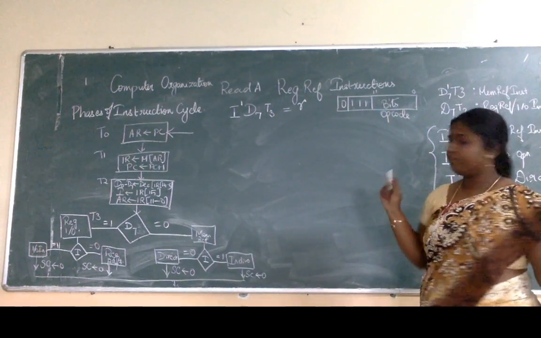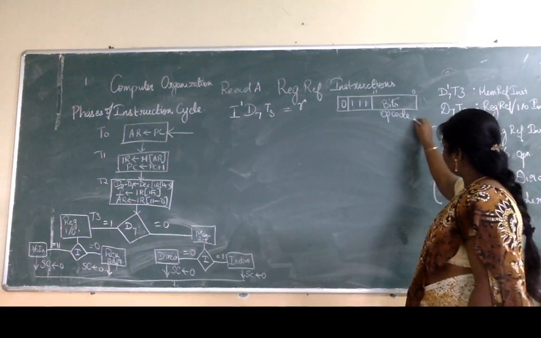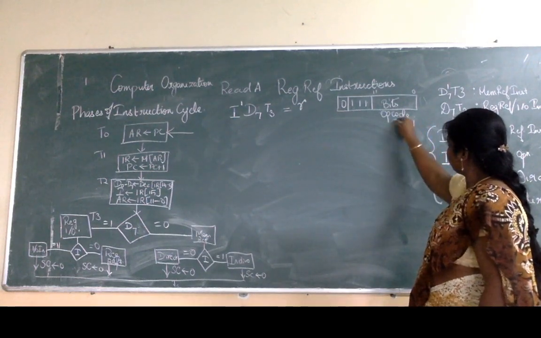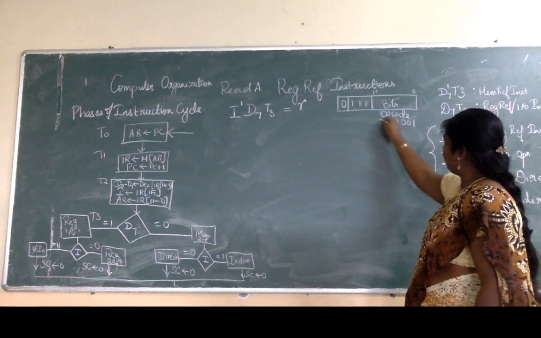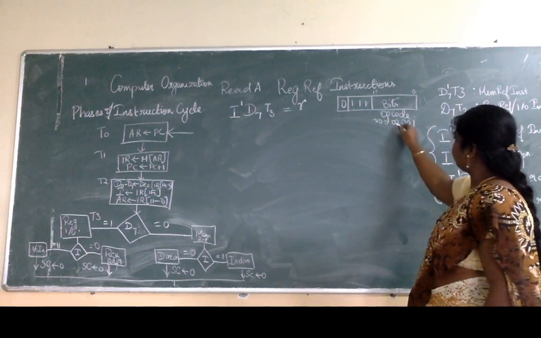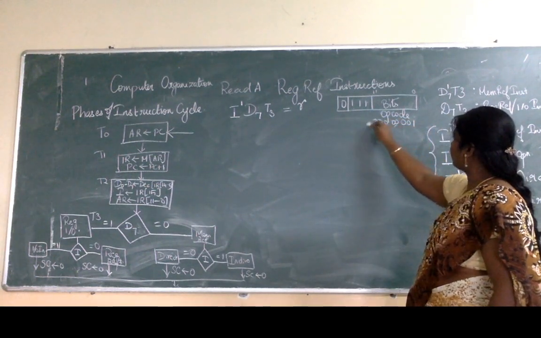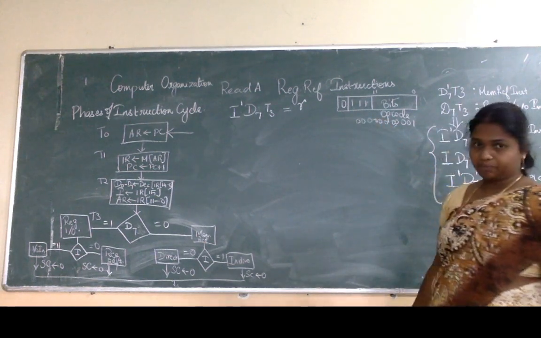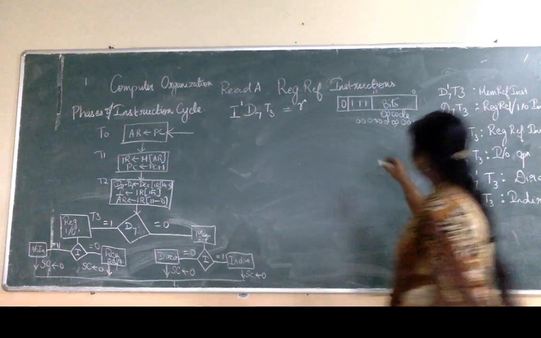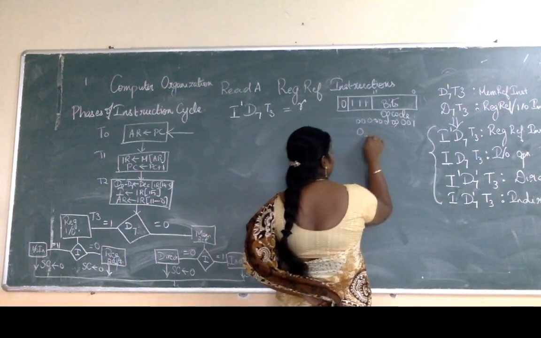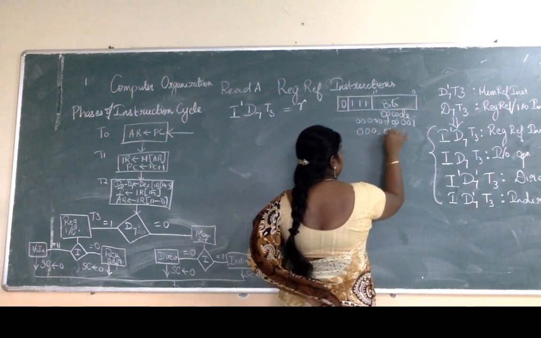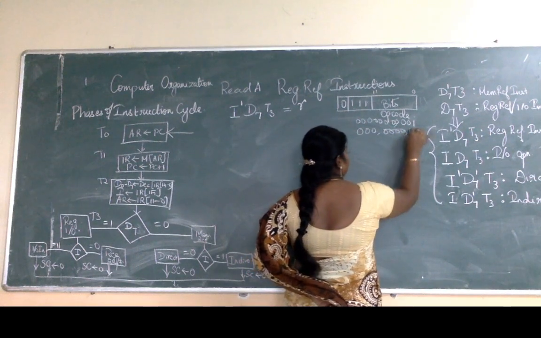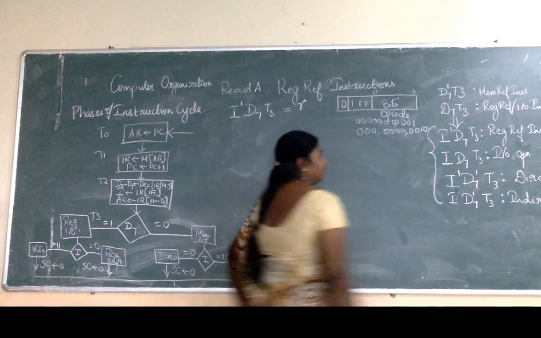Are we clear here? So my first instruction could be all zeros with the last bit 1. I can have 11 bits with 1. The second instruction could be 0, 0, 0, 0, 0, 0, 0, 0, 0, 1, 0.